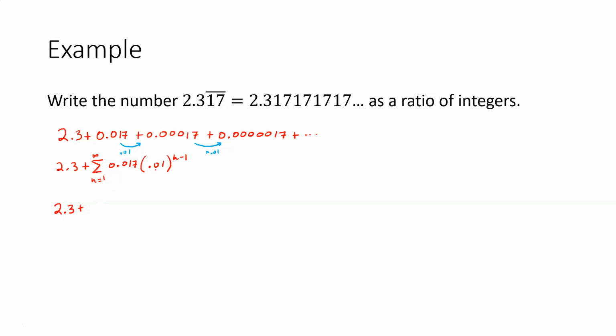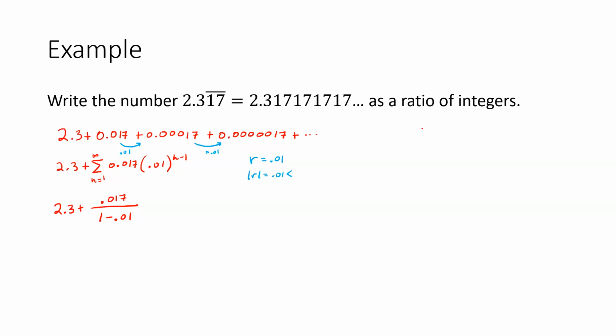Since it's a convergent geometric series here, the common ratio r is equal to 0.01. It's certainly less than 1 in absolute value. And the first term would be 0.017. Right, here we can express the sum of the geometric series as a fraction.